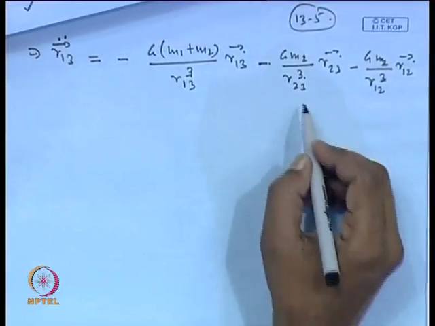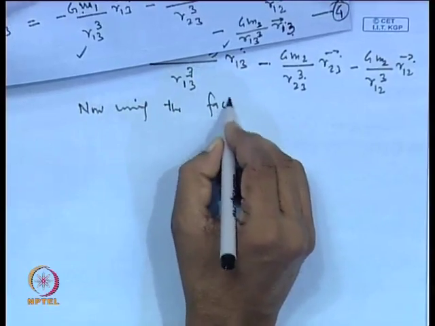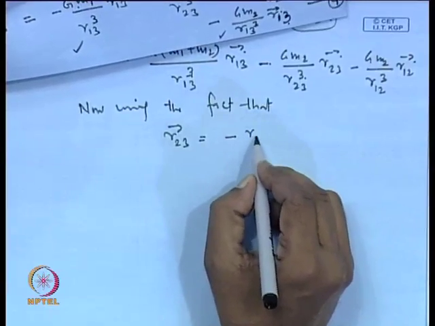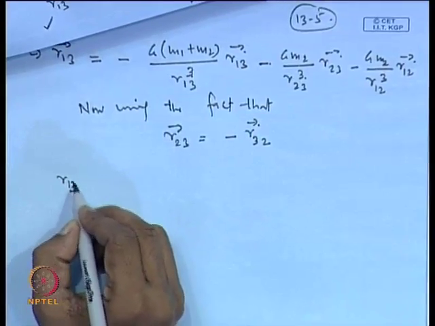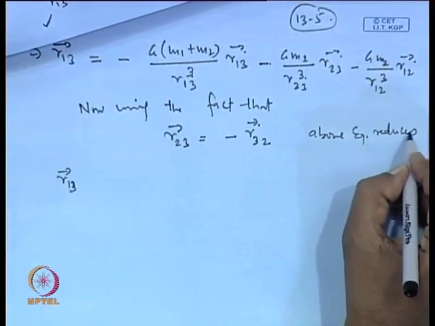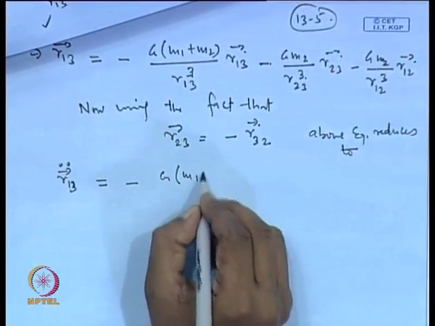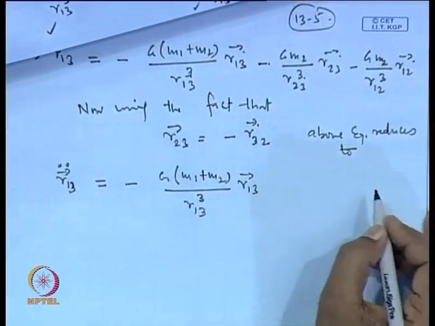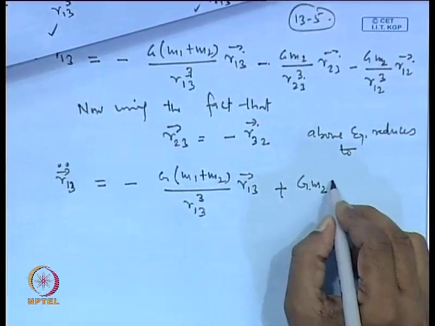Now, using the fact that R23 is equal to minus R32, we can write the above equation reduces to R13 double dot equals minus G times M1 plus M3 by R13 cubed times R13, and then this will become plus G M2, we can take outside.